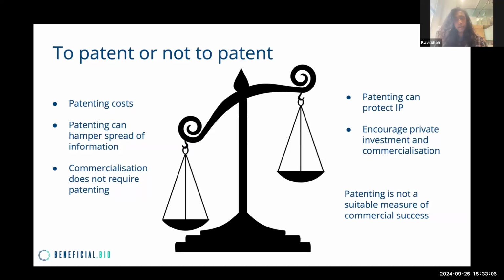And so one of the issues identified in the area, and also when speaking to technology transfer officers, is that there needs to be a better way to measure commercial success and social impact of research.